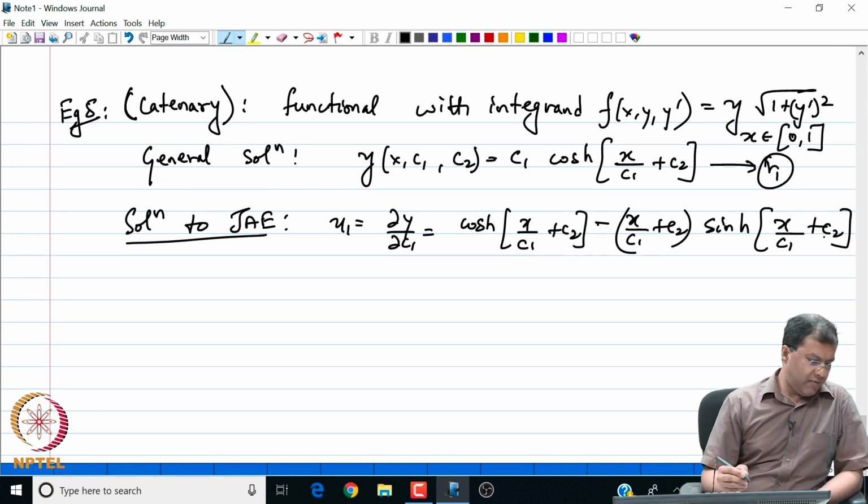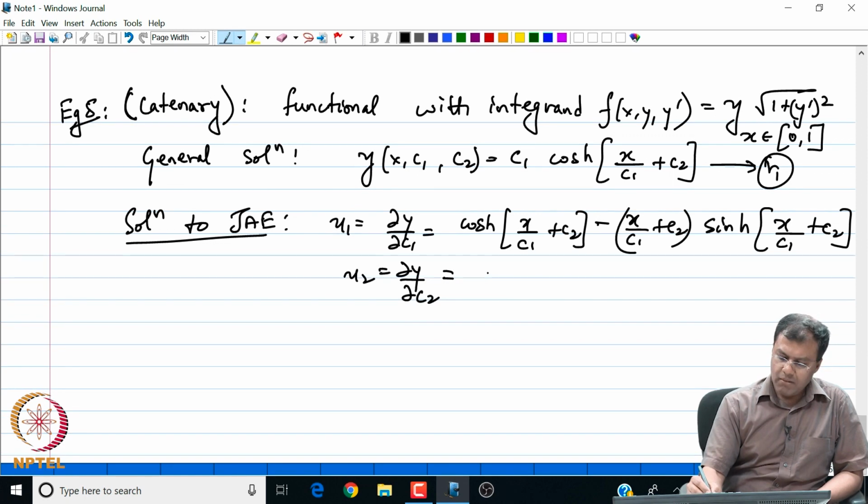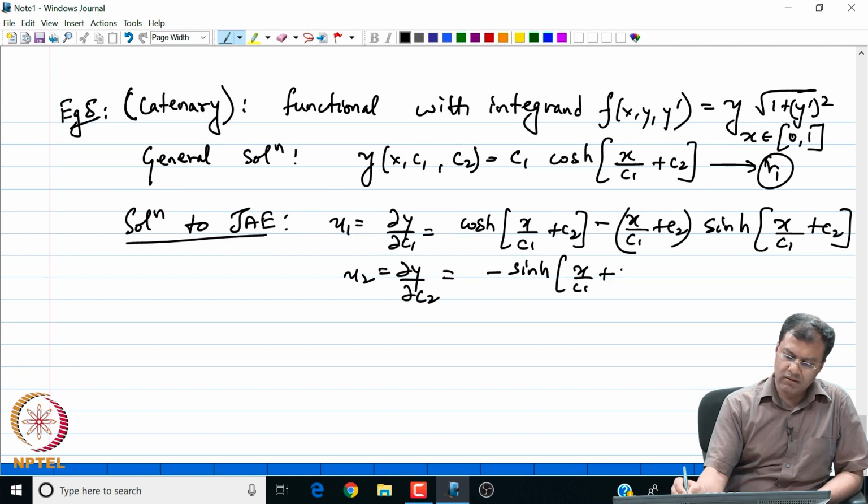And U2, the partial derivative of y with respect to C2, is minus sin hyperbolic of x by C1 plus C2.